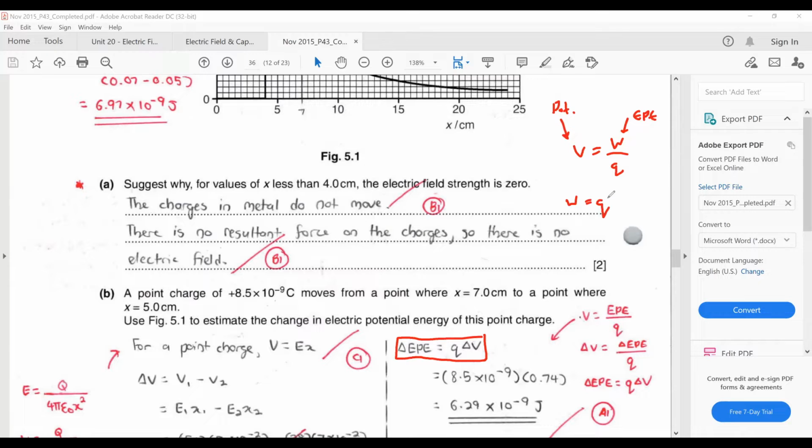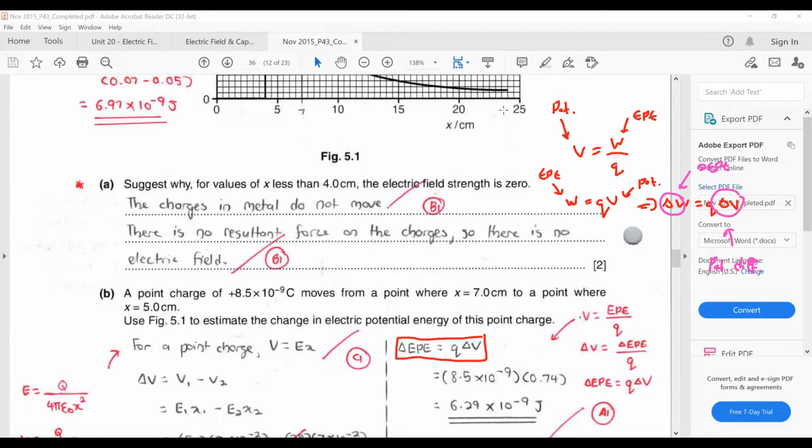So W is QV. If you want to find change in potential energy, delta W is equal to Q delta V. This one here is your change in EPE. This one here is your potential difference.